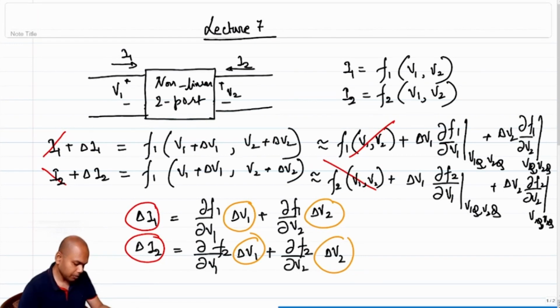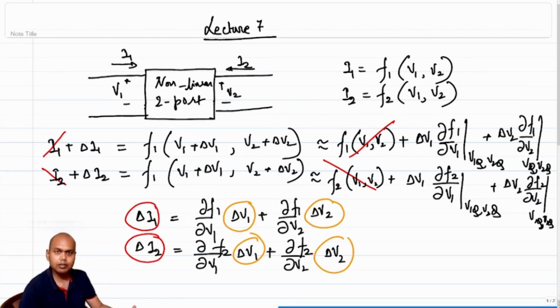Simply because I am developing a relationship of how current changes when the voltage is perturbed, so the coefficient of the voltage is an admittance.